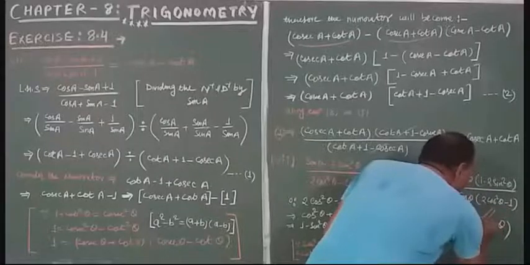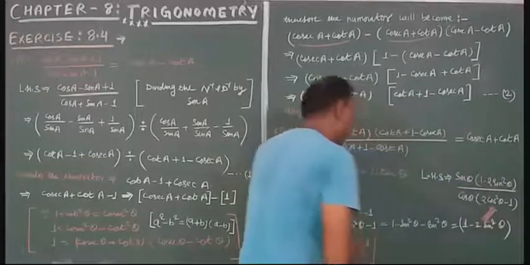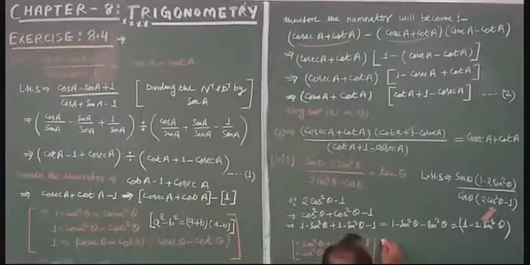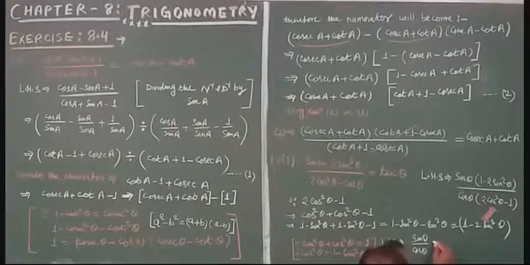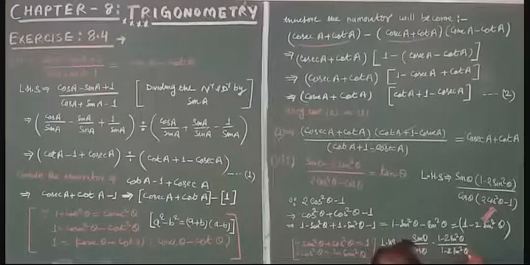This can be replaced by this. So now just look here. What is here now? So therefore, left hand side, just look here. What is there? Sin theta upon cos theta and 1 minus 2 sin square theta, and this 2 cos square theta minus 1 will be replaced by 1 minus 2 sin square theta.